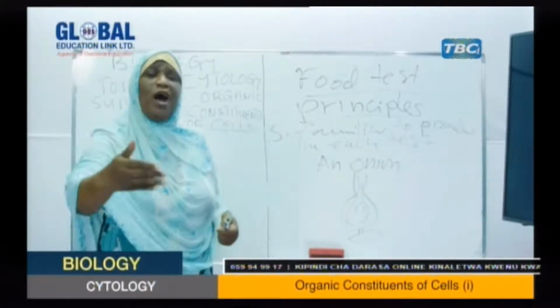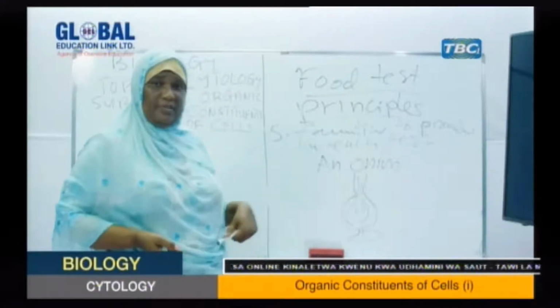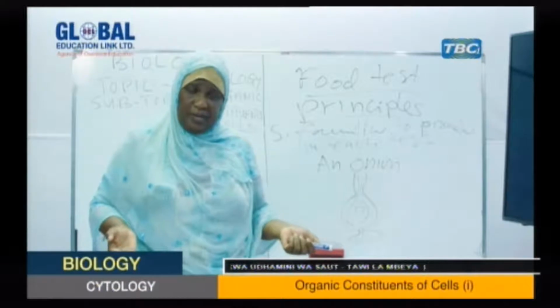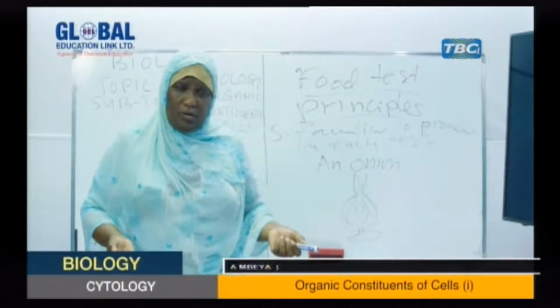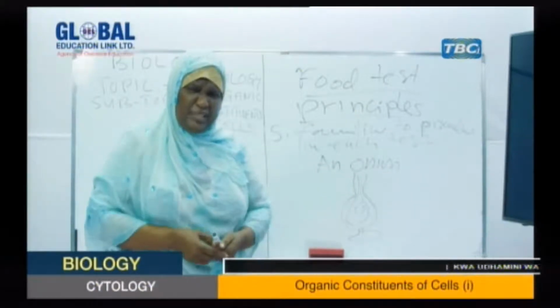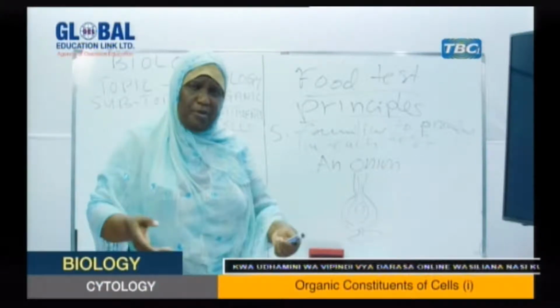How should you go about in preparing a solution from an onion? Think about it. Or can you take the whole onion and put it in the test tube? How can you prepare?